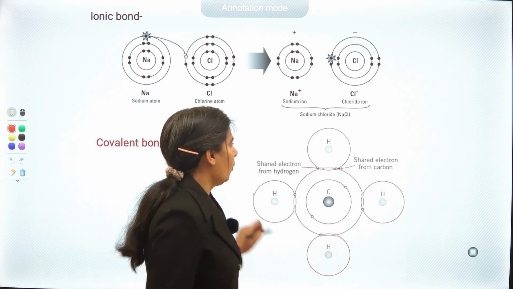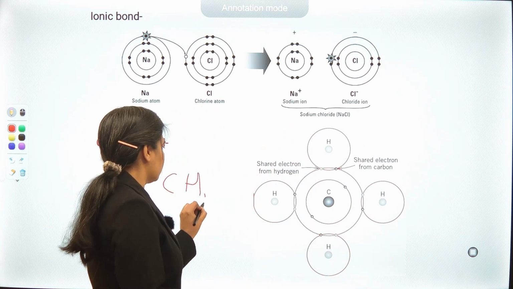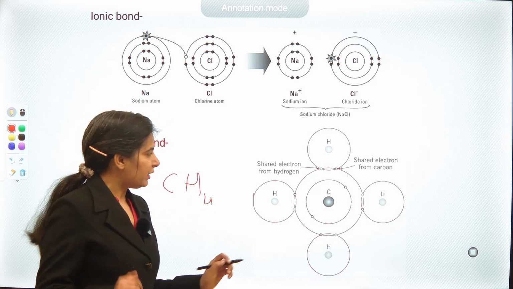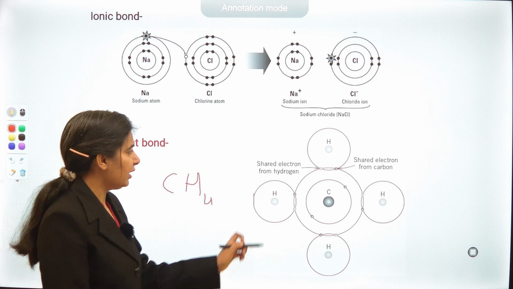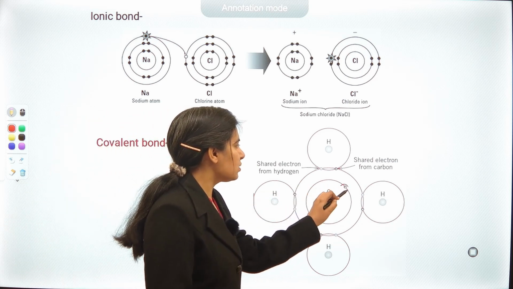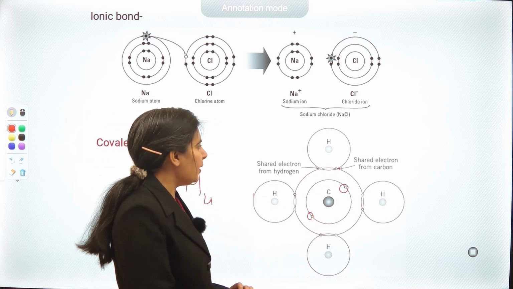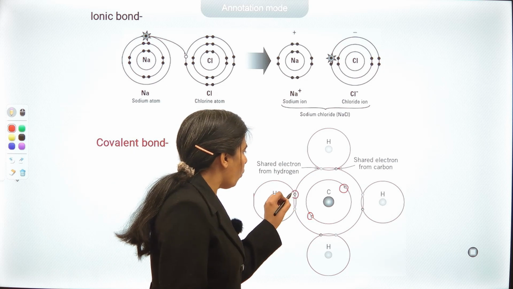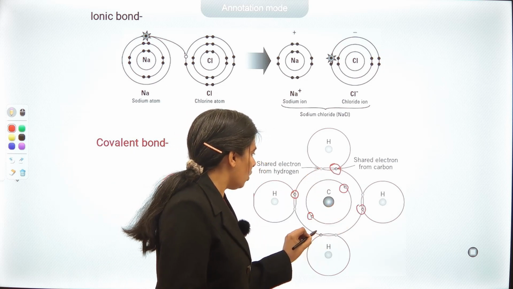This is the bonding in case of CH4. If we look at the figure, in the center there is a nucleus and this is the inner shell having 2 electrons. In the outermost shell, carbon is having 1 electron of its own.